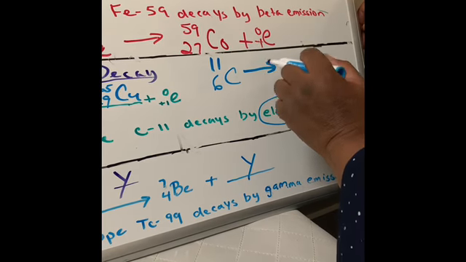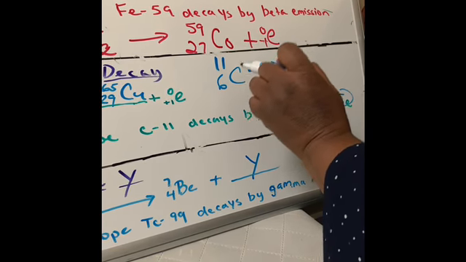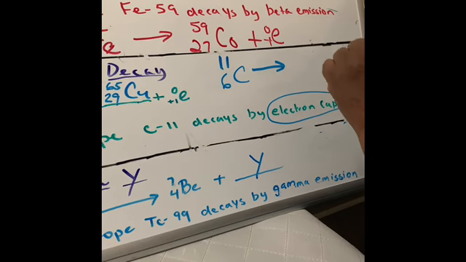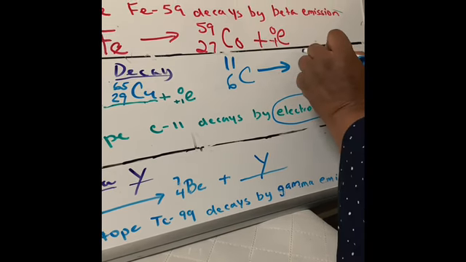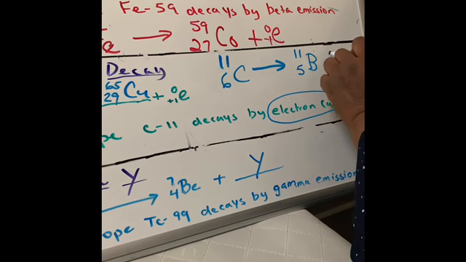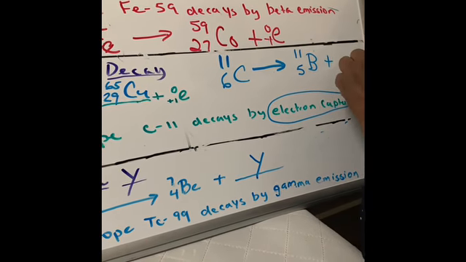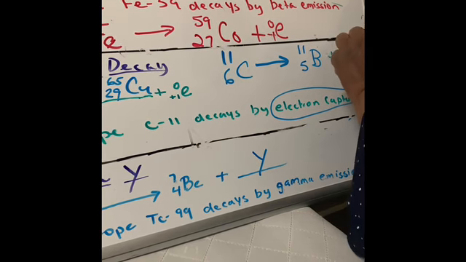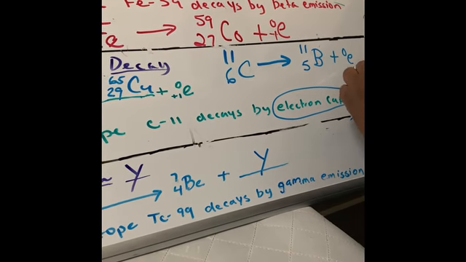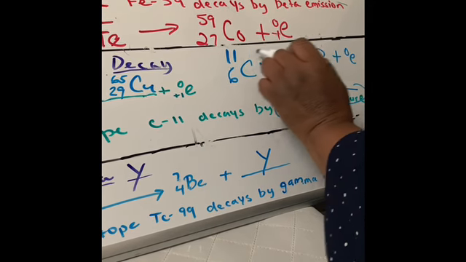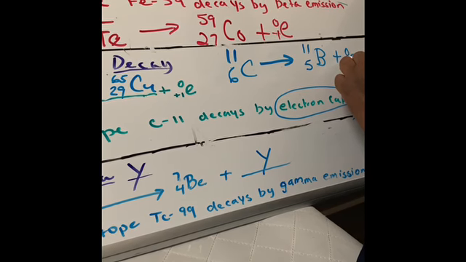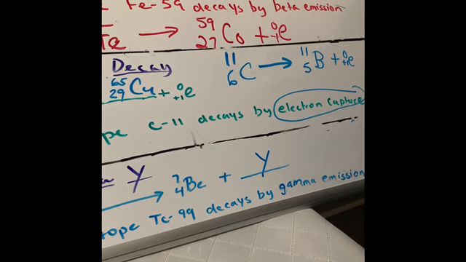So we know that in beta plus decay, the atomic number is going to decrease by 1. So the new atomic number is going to be 5. The atomic mass will not change, so it will stay 11, but the new element is going to be boron. And this is by capturing an electron, so we have to represent that by using our symbol with the electron and the 0 representing that there's no change in the atomic mass, while we've had the addition of an electron.